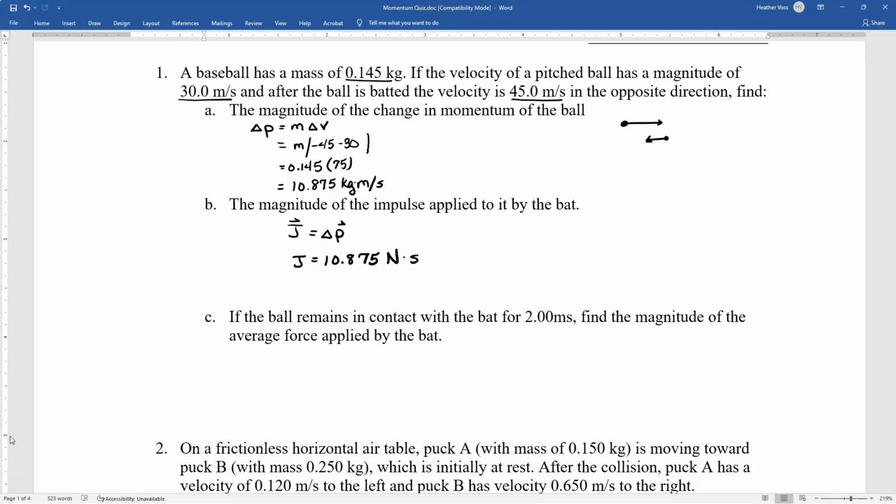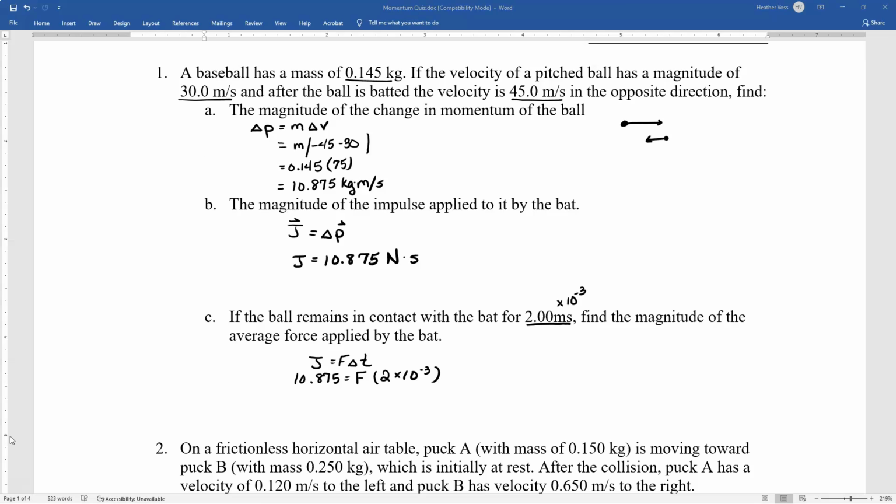So then we say, okay, if the ball remains in contact for 2 milliseconds, so this is times 10 to the negative third, if you remember our scientific units from earlier, we want to find the magnitude of the average force. So remember that impulse is equal to the force times the change in time. So that means that I'm going to have 10.875 equals the force, my average force, times 2 times 10 to the negative 3 seconds.